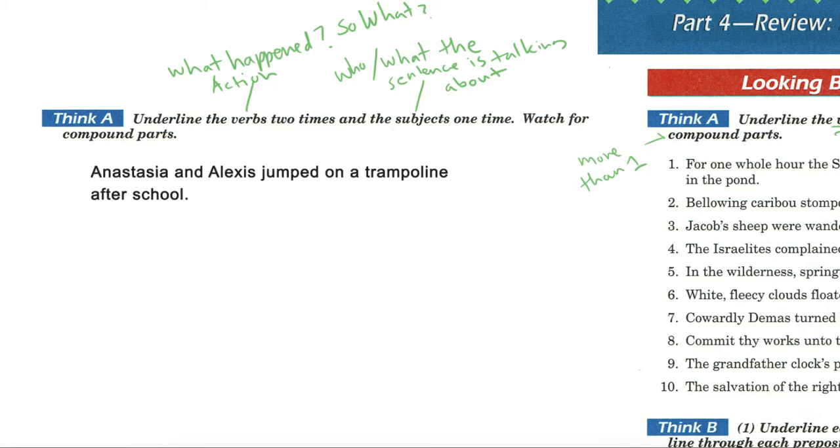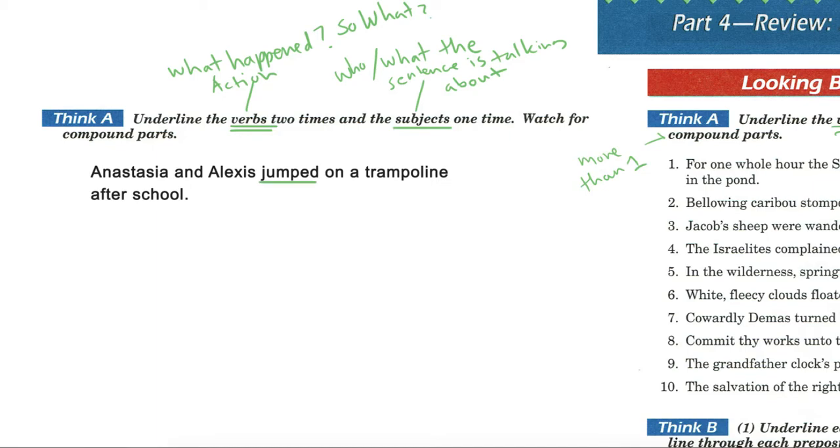First one: Anastasia and Alexis jumped on a trampoline after school. If I haven't used you yet in examples, let me know. I forgot who I haven't used as an example yet, but today it's going to be a few students. So let's underline the verb 2 times and the subject once. Let's look for the verb first.